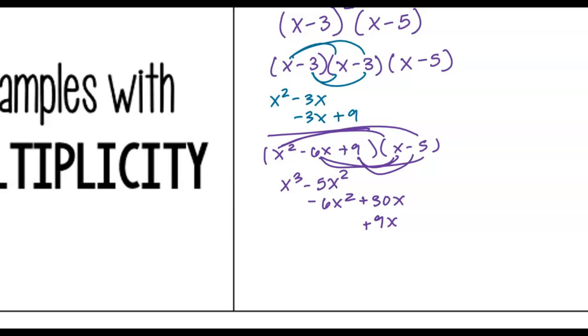And 9 times negative 5 is negative 45. And I'm done.